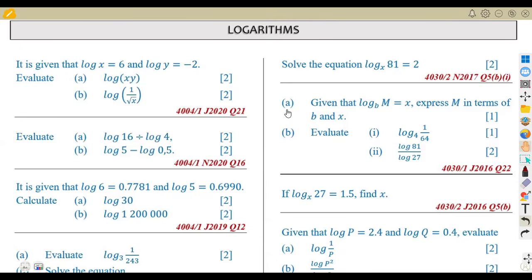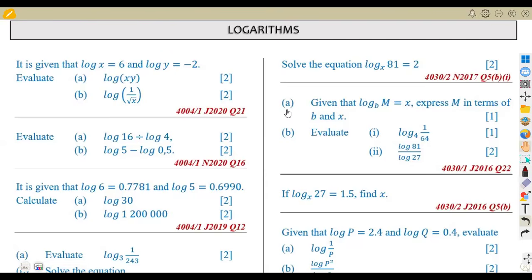I'm going to have another tutorial with you guys under exponents, but this one is specifically for logarithms, but they do work hand in hand. Logarithms, the laws and everything is taken from our exponents or indices. So guys, we need to understand our logarithms.